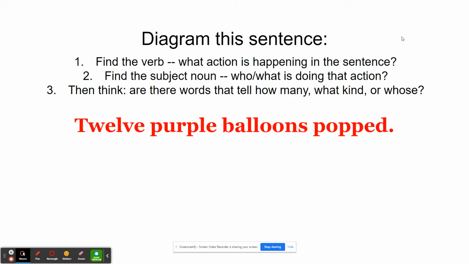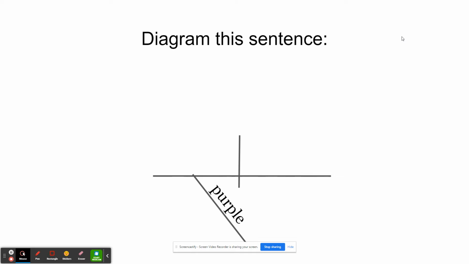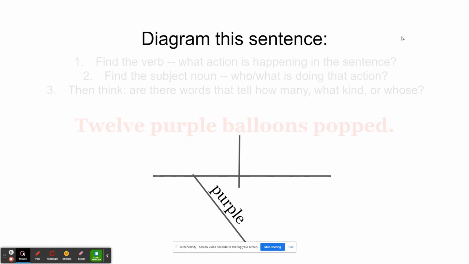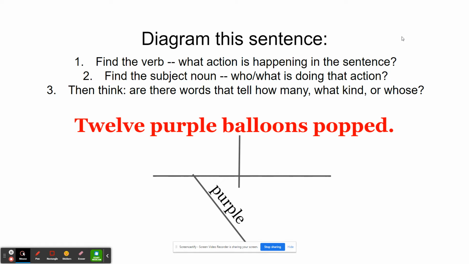Let's check first. What action is happening? Harper. So what word is the action? Popped. Now hopefully you spelled that correctly and didn't write poop. Because who or what pooped? I mean popped.